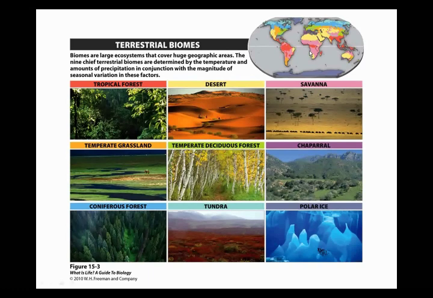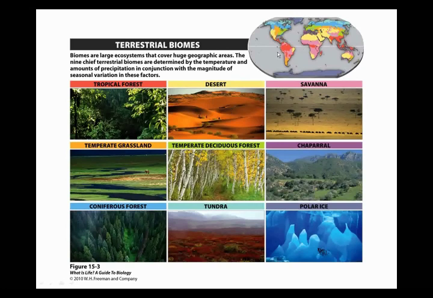If you look at the map that's up here, you can see here we've got our equator, here we've got our South Pole and North Pole, and you can see that these large areas are going to be dominated by these terrestrial biomes. So something like the tropical rainforest is going to be found very close to the equator because it requires high temperatures and also a large amount of rainfall.